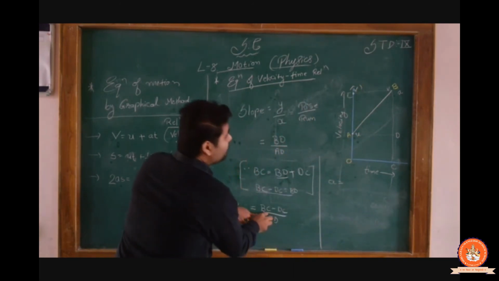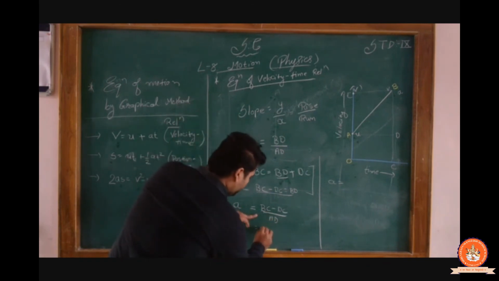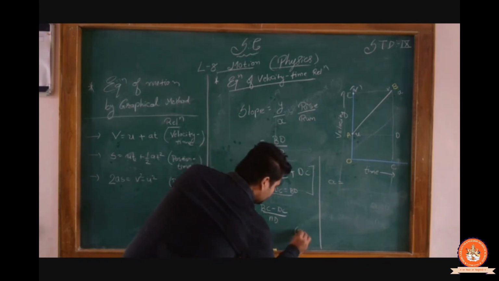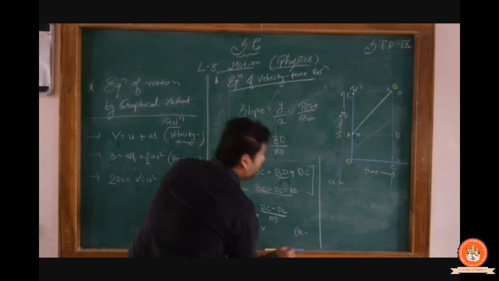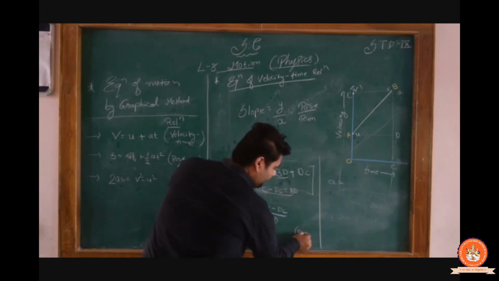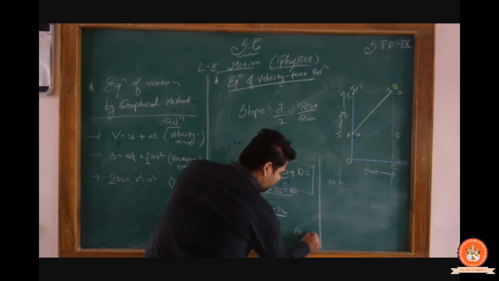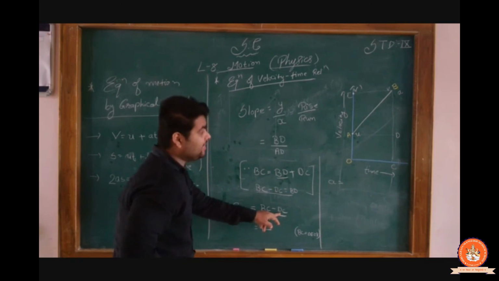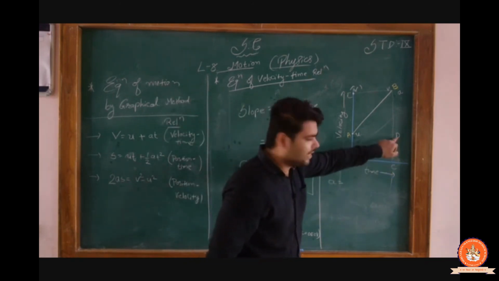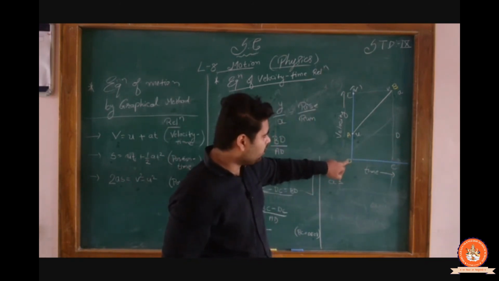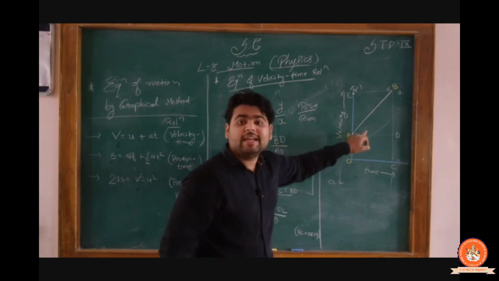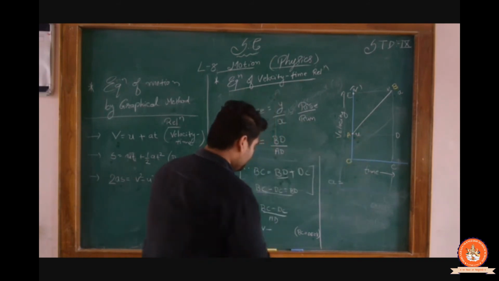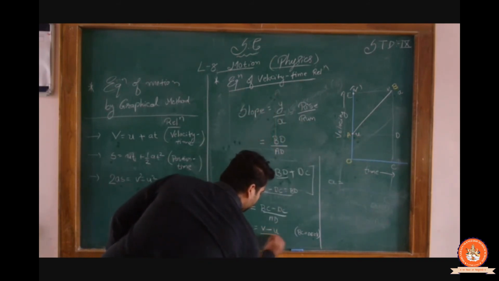So BC equals v, since BC equals OE, and OE equals v. Clear? Minus DC: DC equals OA, and OA is the initial velocity u, upon AD.